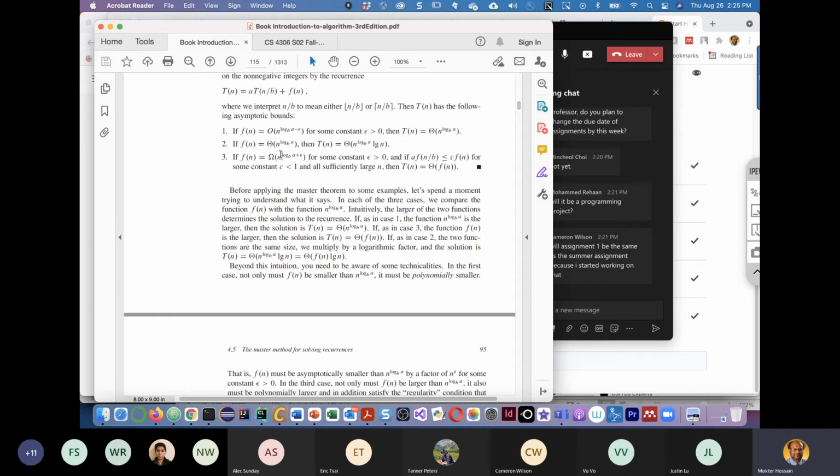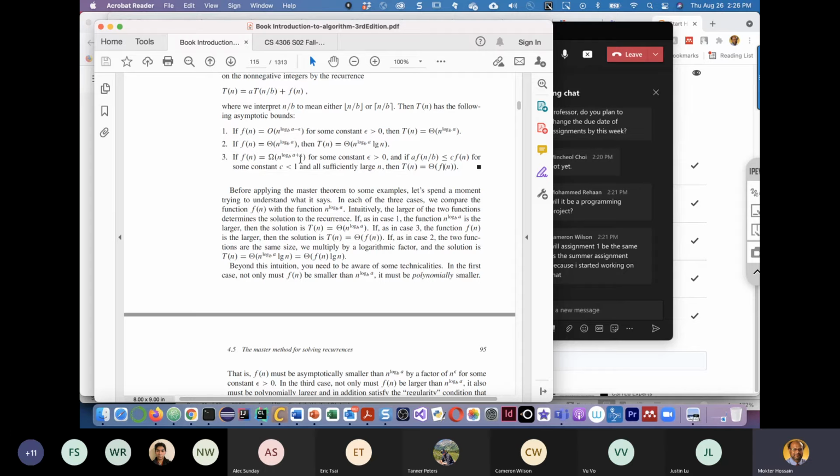Because it is omega of n to the power log_b a plus epsilon. We are adding something to make it equal to this. That means in that case, f(n) is larger, right? So then T(n) equals f(n).